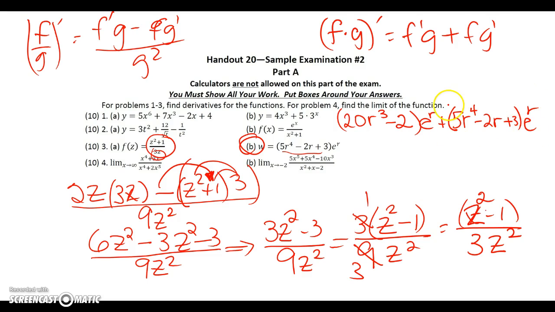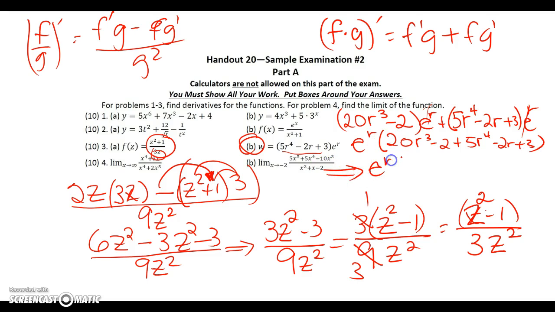Now I'm going to factor out the e to the r from here, right, and here. So what's left? 20r to the third minus 2 plus 5r to the fourth minus 2r plus 3. So the last step is collecting like terms, isn't it?